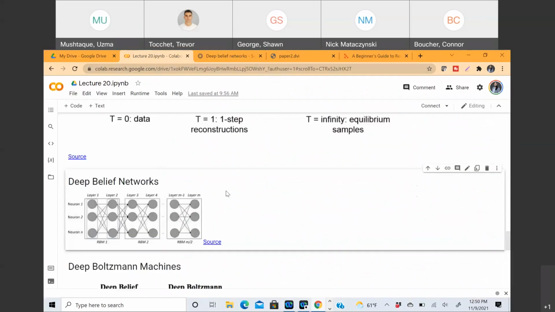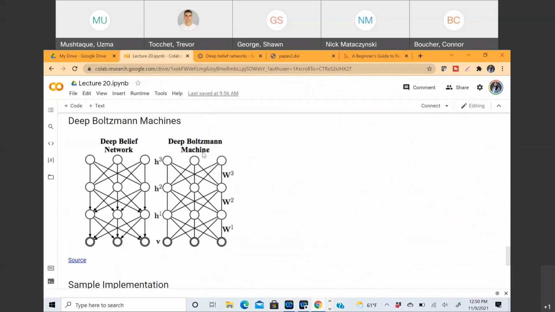And then there is another one, which is the deep Boltzmann machine. Now, the fundamental difference between both of them is that deep belief networks in some sense have some layers that are directed, right? So they don't allow both sides of information sharing.